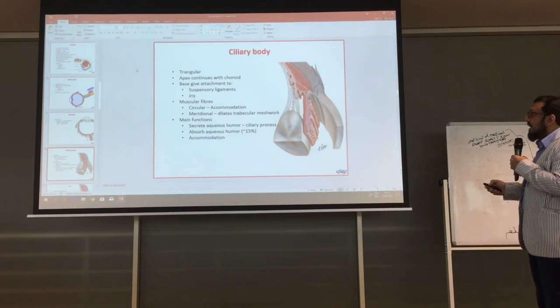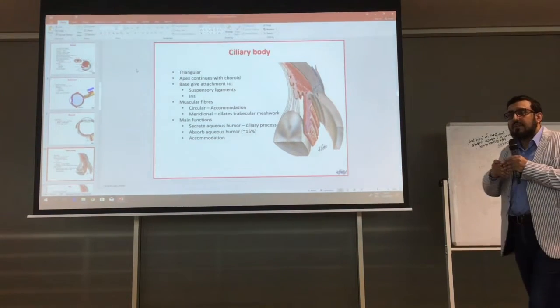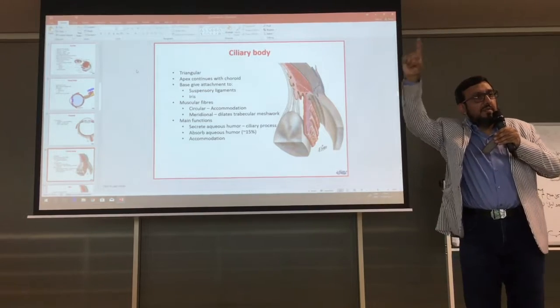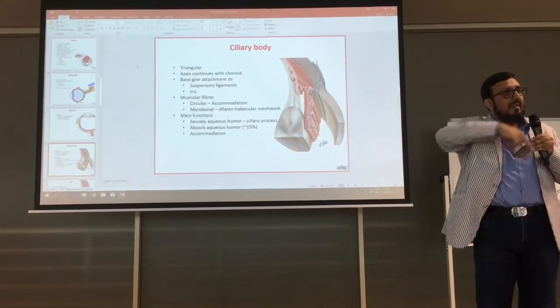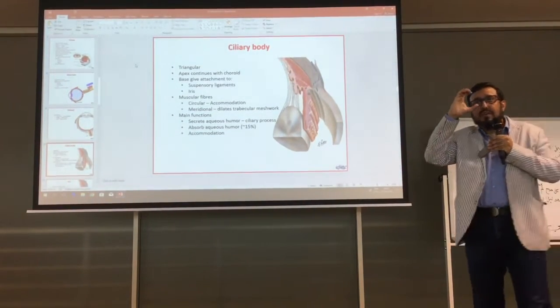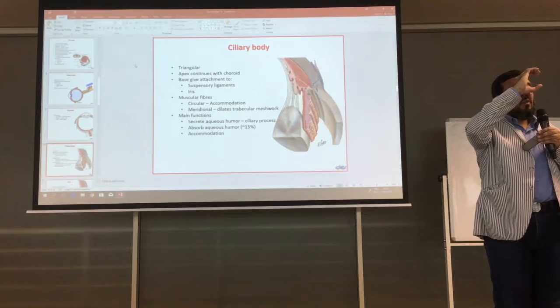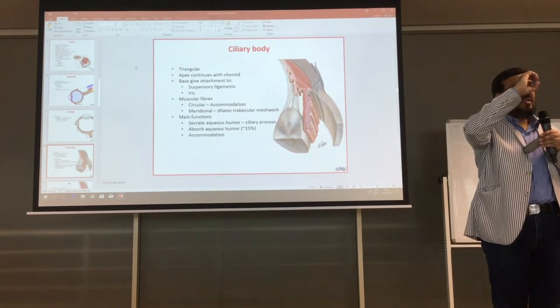You can see two types of muscles over here. The meridional fibers, which are attached to the edge of the sclera, and the fibers which you can see as a cut edge over here, which are the circular fibers covering the entire ciliary body across. Whenever these muscles contract, they will narrow down the entire ciliary structure.